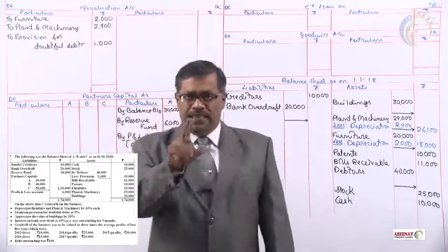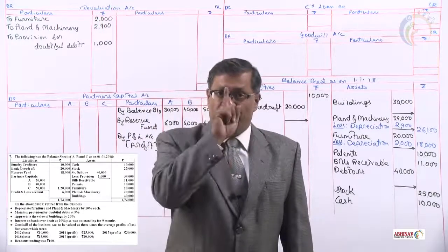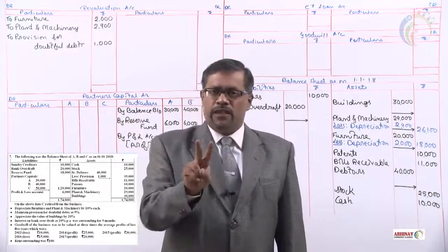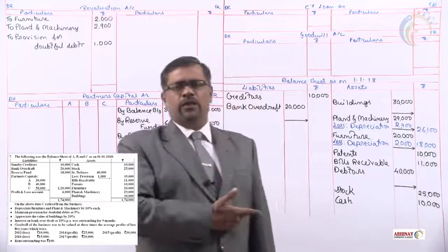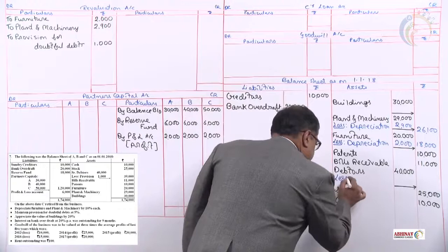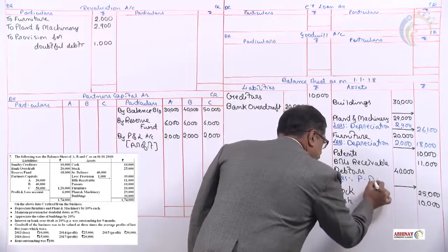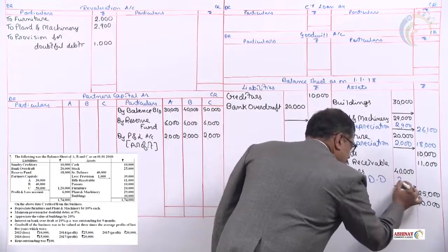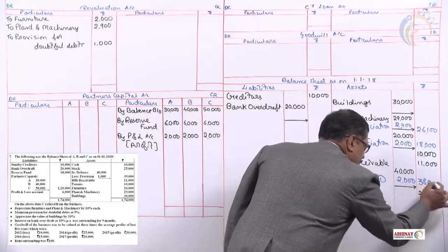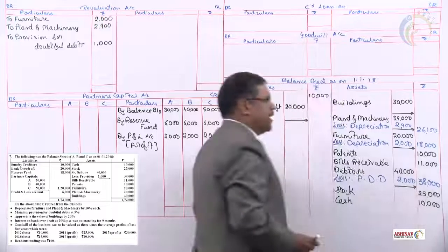The difference, increase, decrease or new value? Always new value. Difference is adjusted in revaluation. What is the new value? 2,000. That 2,000 we will minus from debtors. Less PDD, that is provision for doubtful debts. And then debtors in the outer column, what we get is 38,000.